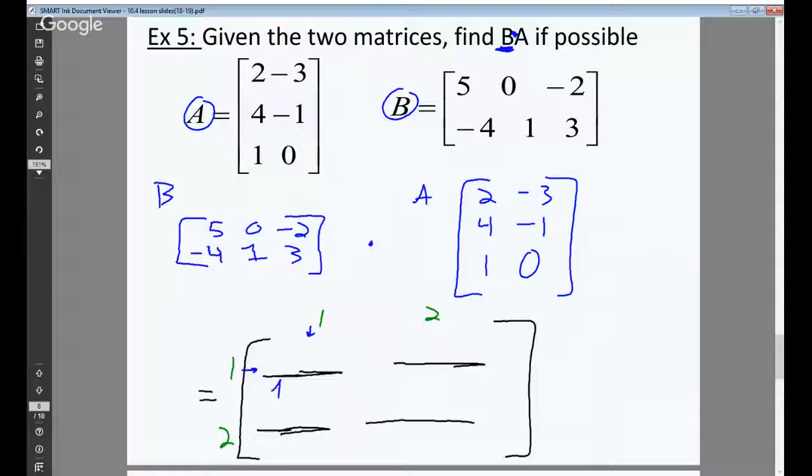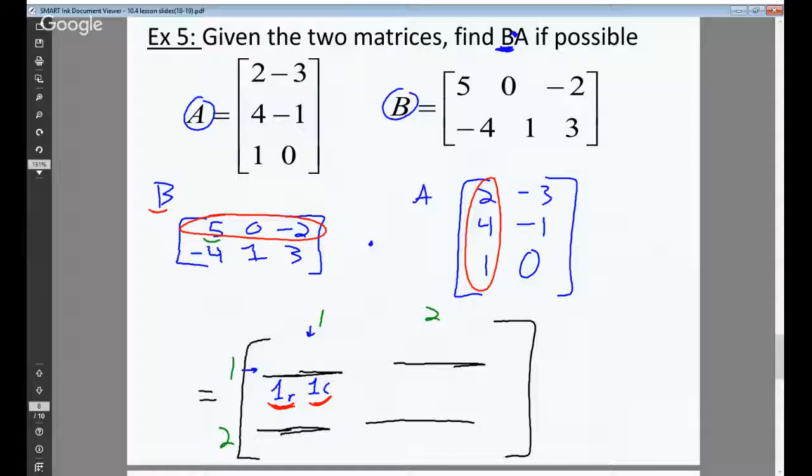First row, first column. Meaning, with the first row, I'm going to take my first matrix, B, take its first row, and multiply. Then for the second matrix, I'm going to take the first column. And even though there's now 3 elements to multiply, you still multiply them in a similar way.